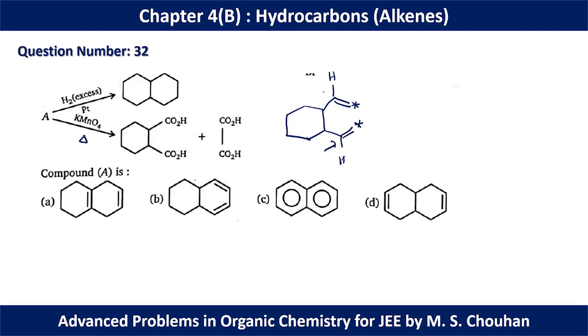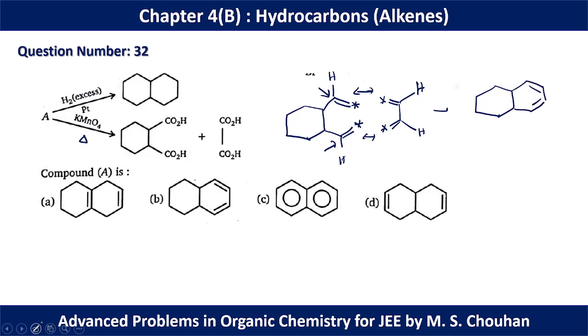where these two carbons are oxidized to carboxylic acid, and the star mark represents that we have to add this double bond with another double bond, and we have this kind of situation. Now we can join these two fragments together to form the actual situation.